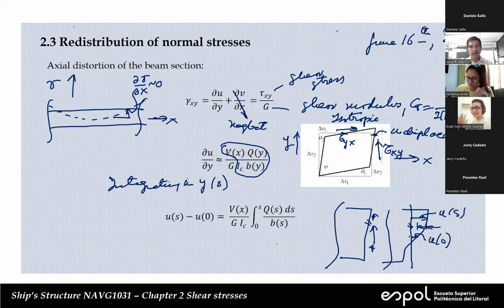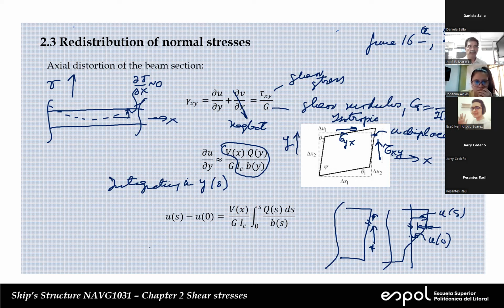Usually in some calculations, the zero position, the reference position, is taken at the neutral axis. That's quite common. In other cases, we can take the reference point, for example, at a point where we know that the shear stress is null, but we have to be careful.